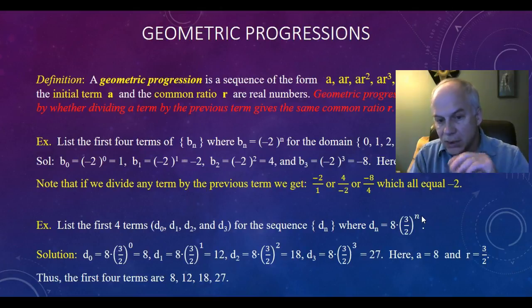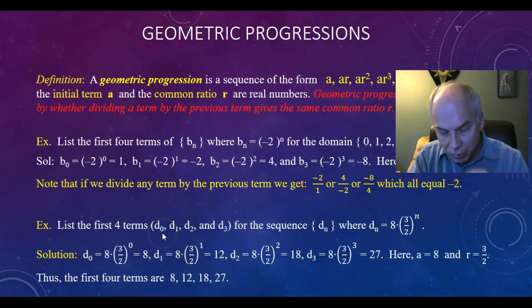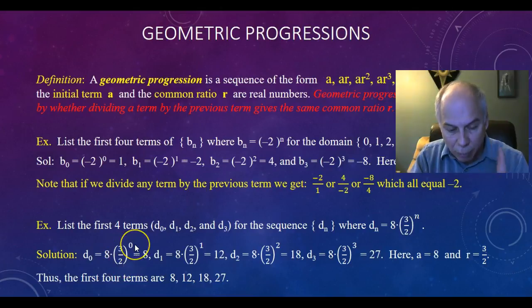All right, so notice we're finding d0, so n is 0 first of all. And so I plug in 0 for n right here in the formula. So it'd be 8 times 3 over 2 to the 0 power. Now, of course, anything to the 0 power is 1. So the parentheses to the 0 power would be 1. So we have 8 times 1, which gives us 8.